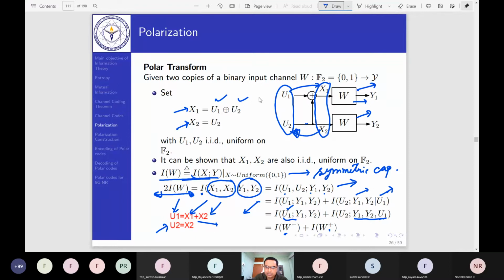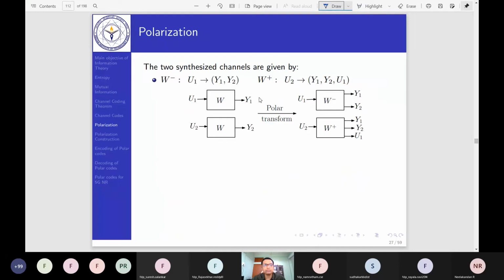So let us try to understand these two artificially created channels. These channels are known as two synthesized channels, W minus and W plus. It will be apparent in the coming slides.